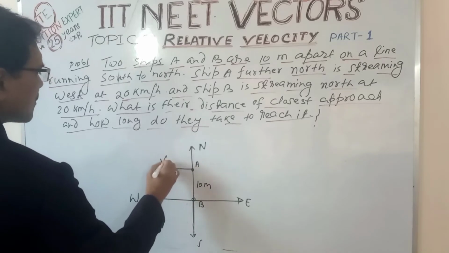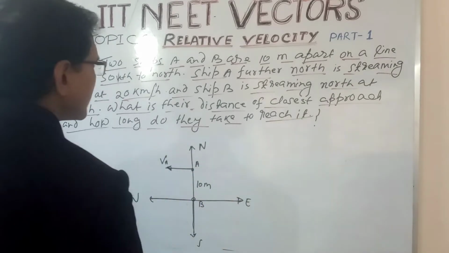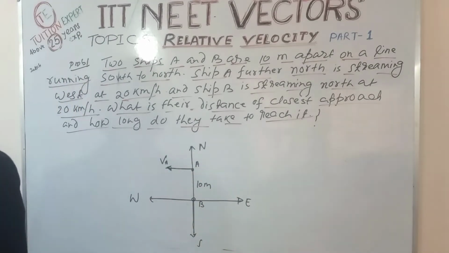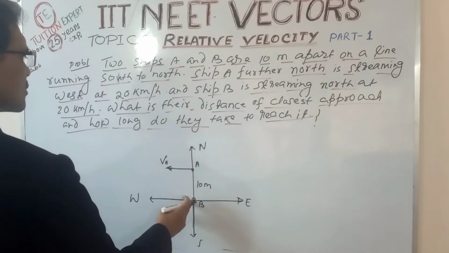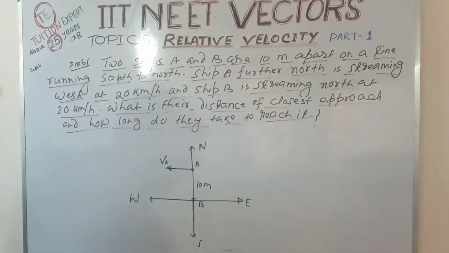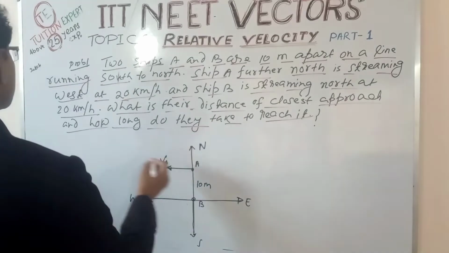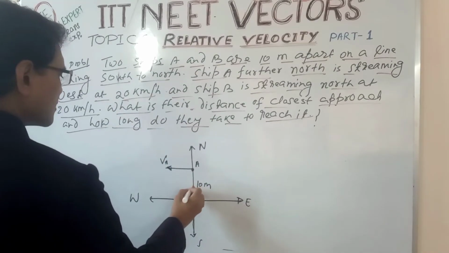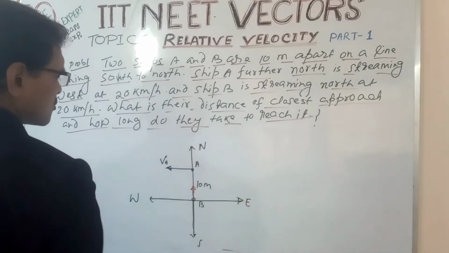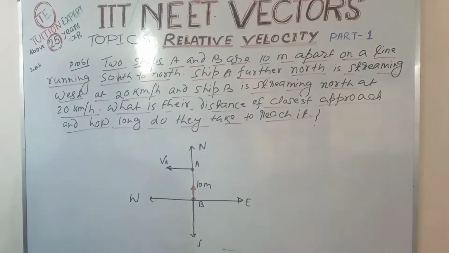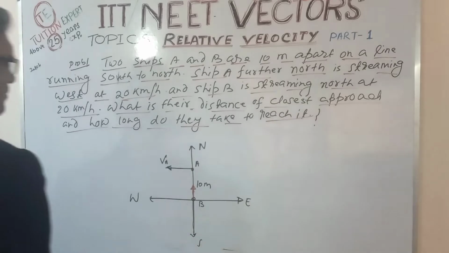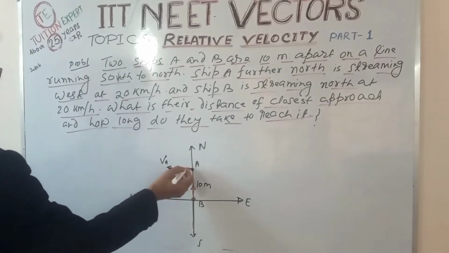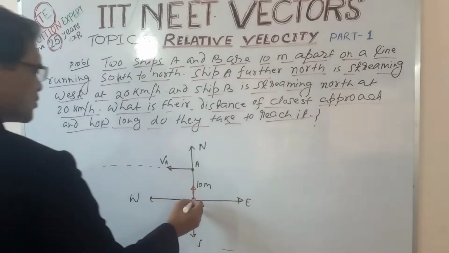So this is the velocity of A, and B is steaming north, and it moves not with the same velocity, but it is moving in this direction, north. So B is moving towards north direction, and A is moving towards west direction. This moves along this line, and this moves along this line.